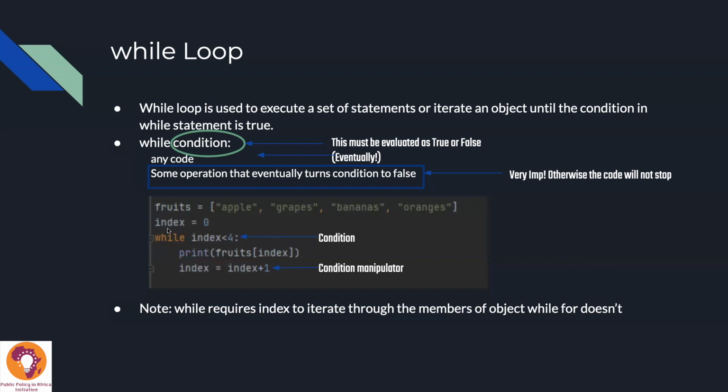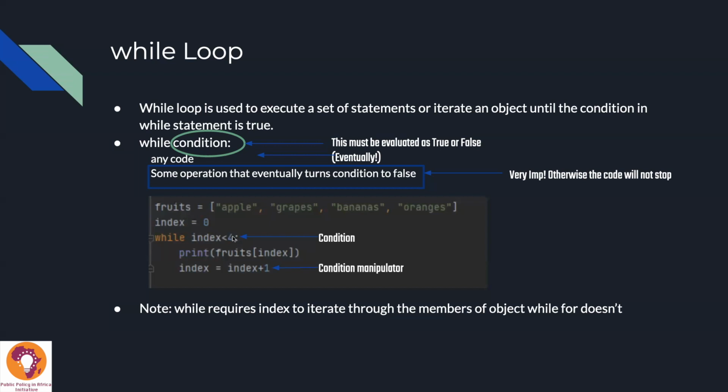So now we're going to say while index is less than 4, basically while the index is less than the length of this list, we're going to print the value of fruits at that index.